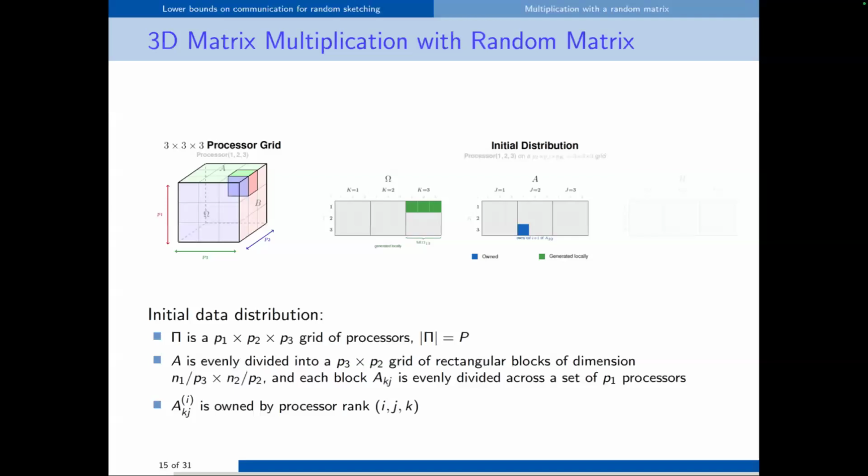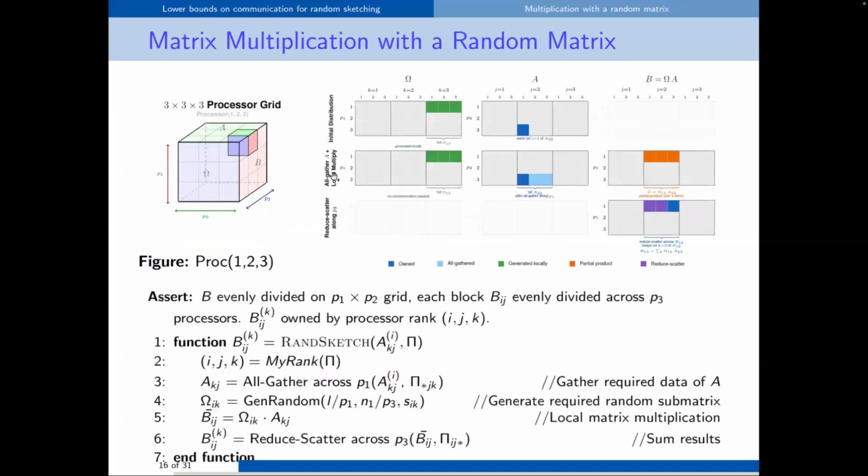At the very beginning, my processor has just a part of the matrix A. And then the very first step will be to communicate A among the processors along P1 such that this processor here receives and owns this entire part of A. This part of A will now be redundantly owned on the processors along P1.